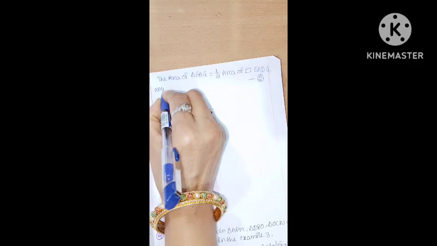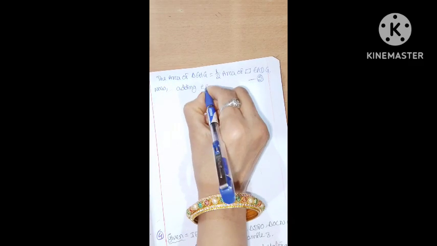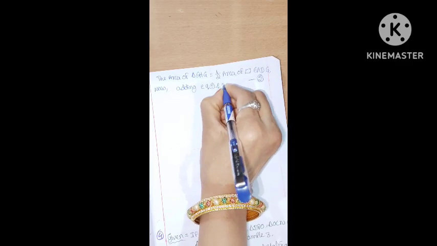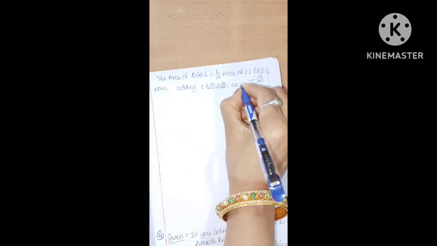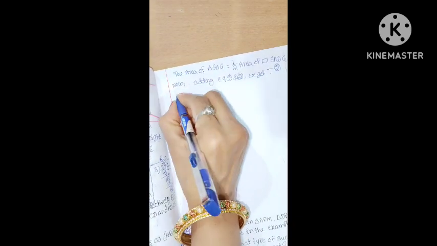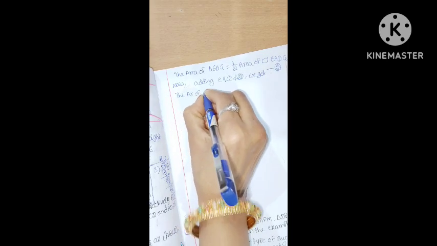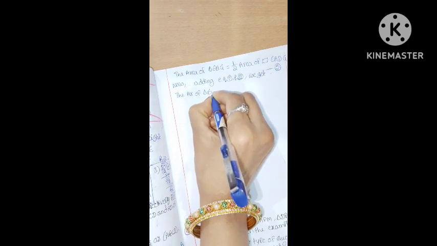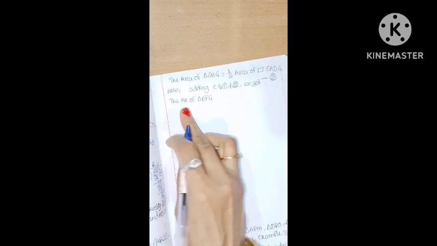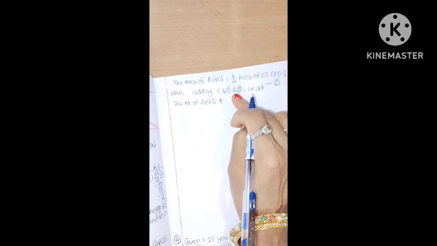Now adding equation number 1 and 2. What will we get? Equation number 1 is the area of triangle EFG. AR is the short form, it is nothing but area. Plus equation number 2.